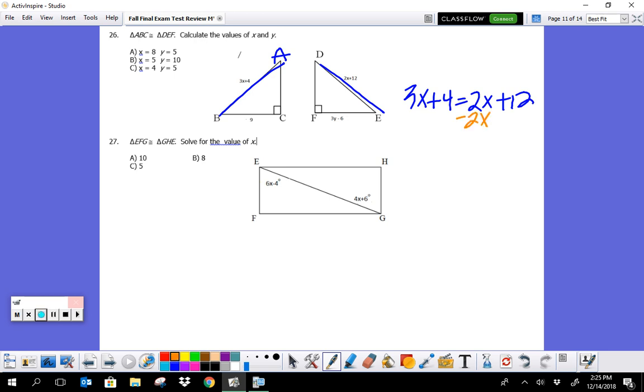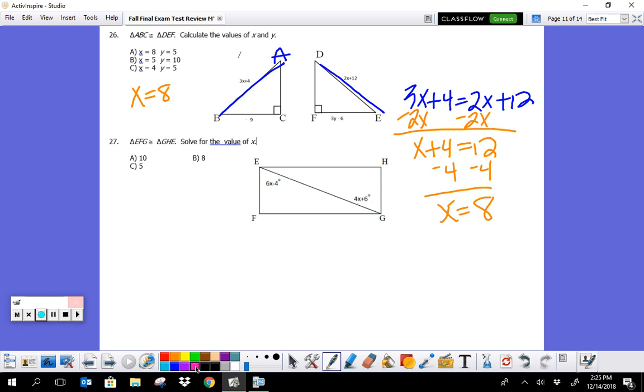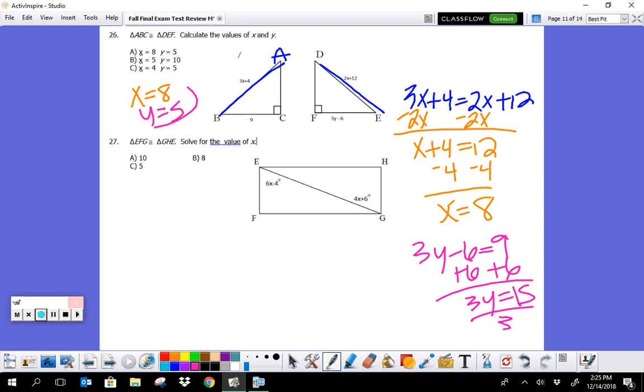So minus 2x and subtract 4. So I know x is 8. And then for the y, I'm going to do 3y minus 6 equals 9. So 3y equals 15. Divide by 3. And so y is 5, which is A.